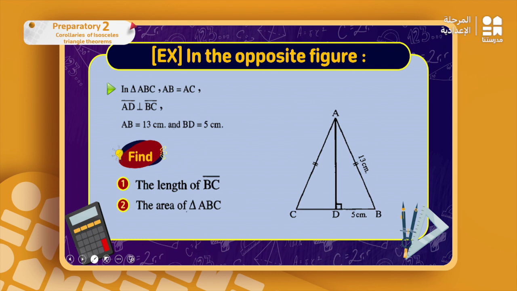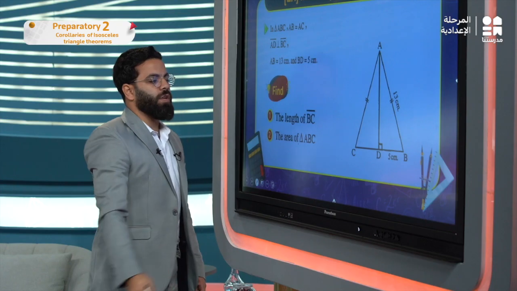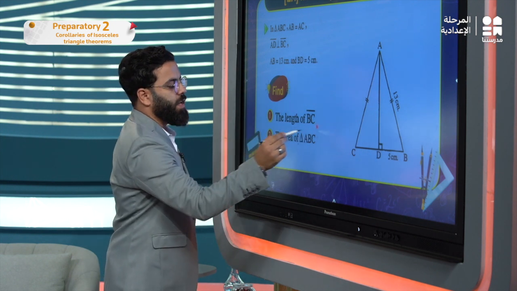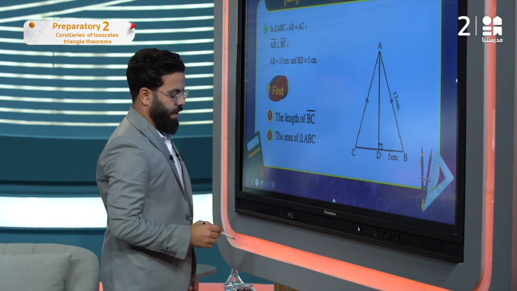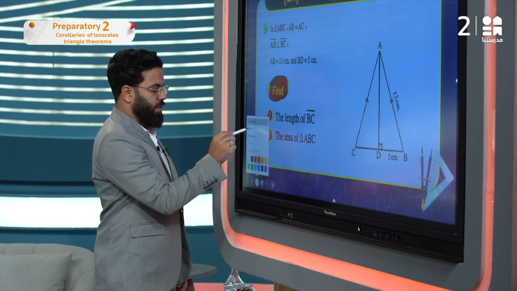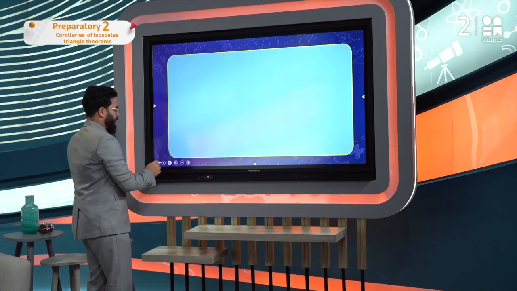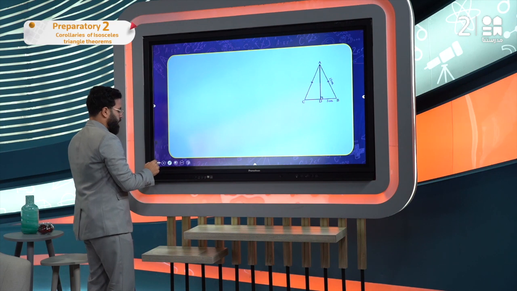Find the length of BC and the area of the triangle. Let's solve this example.